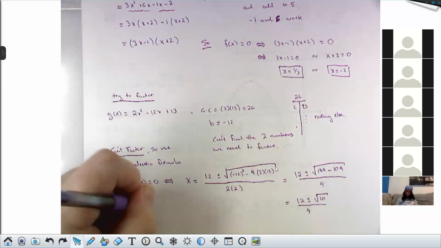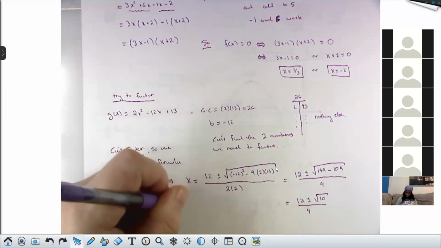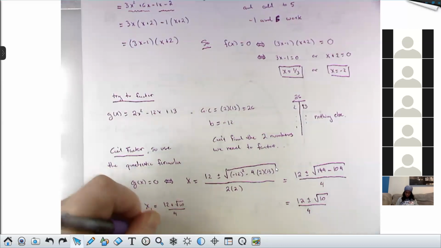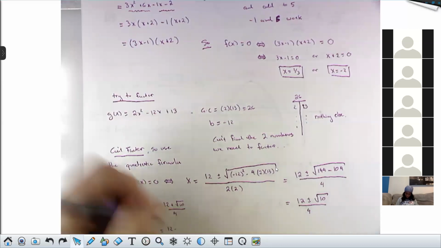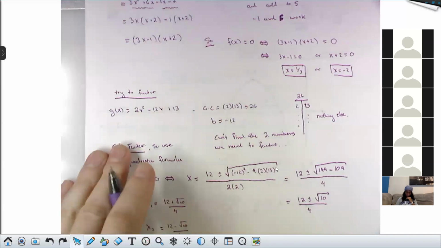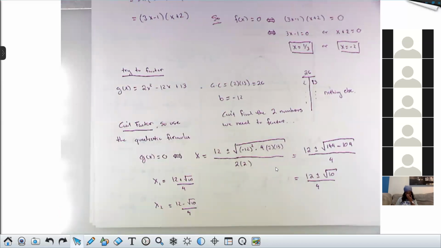We get the two solutions out. X1 equals 12 plus the square root of 10 over 4. And X2 would be 12 minus the square root of 10 over 4. The square root of 10 cannot be simplified because 10 doesn't have any perfect square factors.